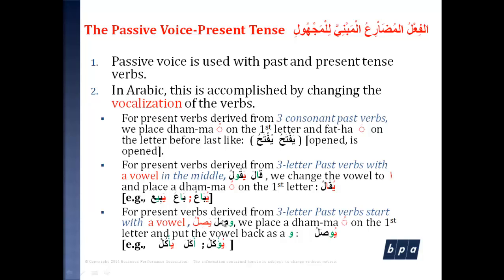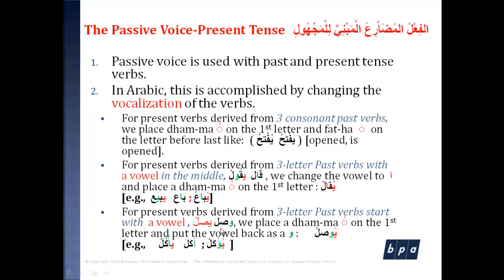For present verbs derived from three-letter past verbs that start with a vowel, in the previous case the vowel is in the middle. Here, the vowel is in the beginning, like wasala, like wajada. We place a dhamma on the first letter, and we put the vowel back as a waw.